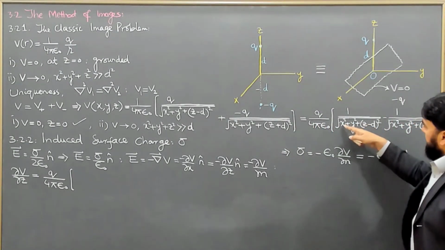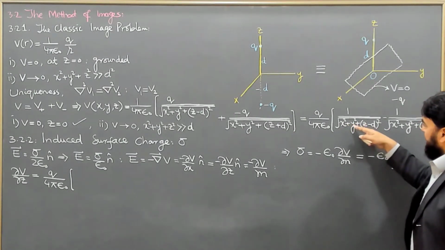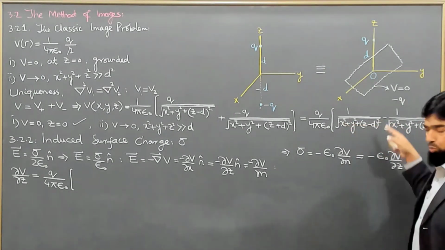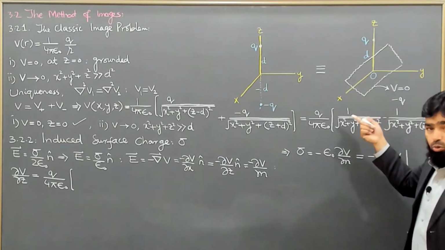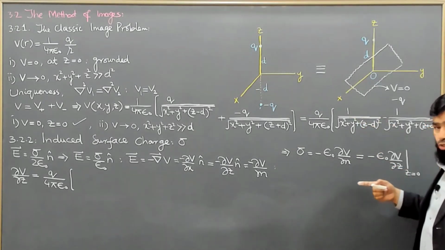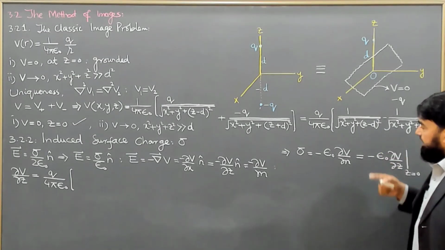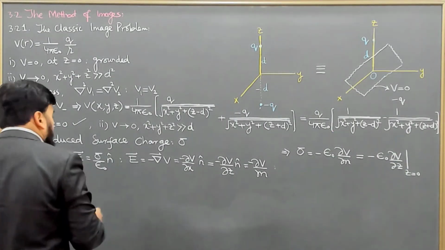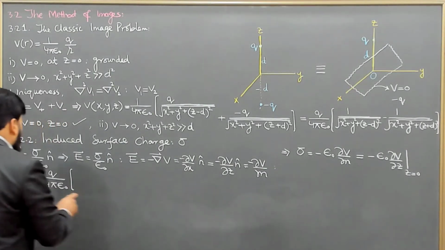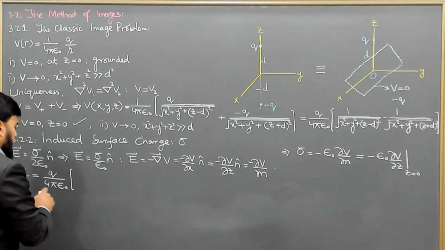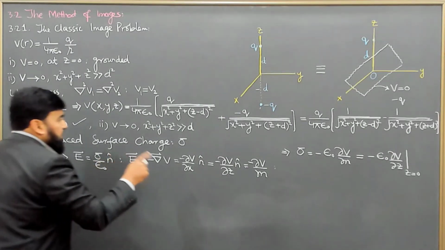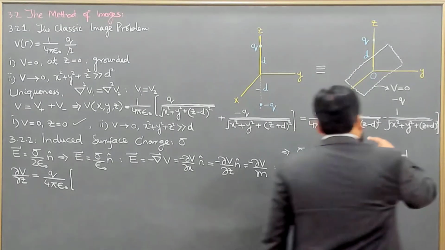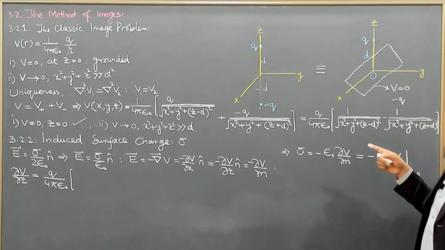If I look here, this one is x square plus y square plus z minus d whole square, and it's having a square root. So when the square root goes up, it will become minus 1 over 2, and I will take the derivative of that one. So I take the derivative, curly over curly z of this thing. Let me do this step quickly, because this is not that difficult.